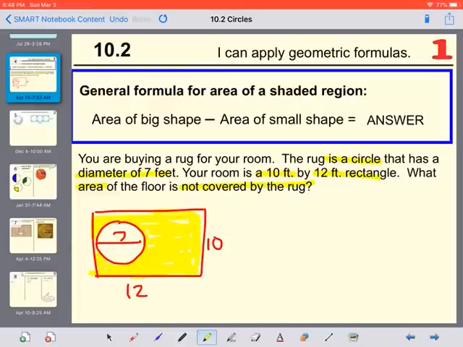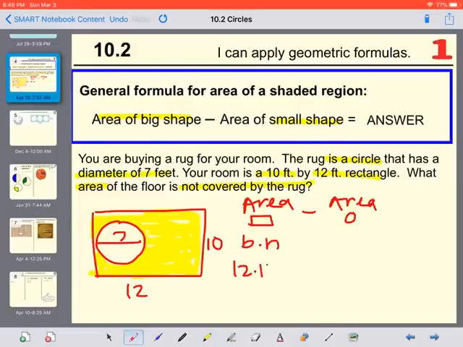So we're going to find the area of the big shape, in this case, the rectangle, and we're going to subtract the area of the circle, the smaller shape. Area of a rectangle is just base times height, so we're going to have 12 times 10. I'm going to put it in parentheses because that's the area of that shape. And we're going to subtract the area of a circle.